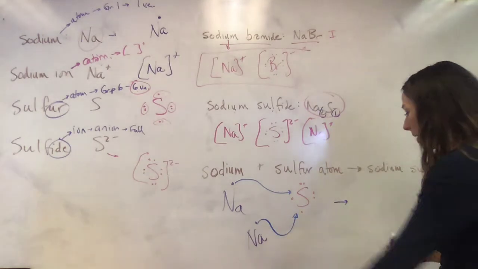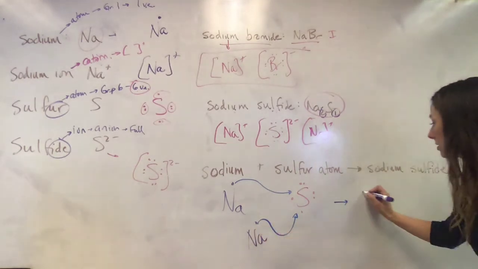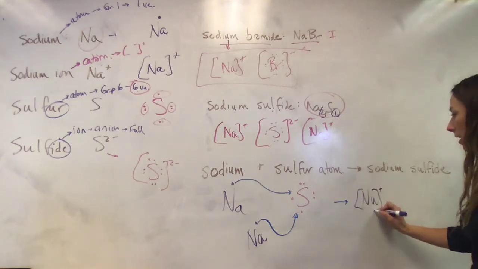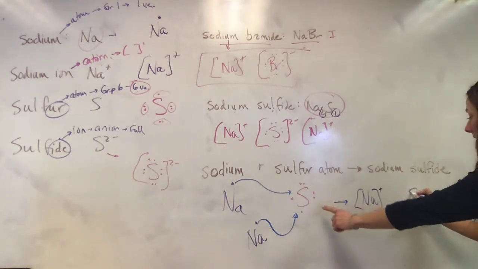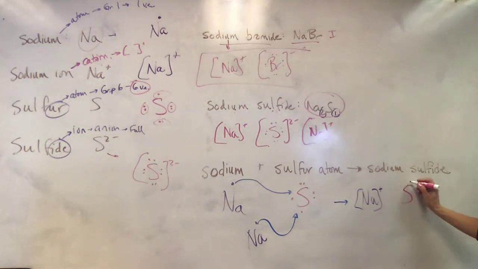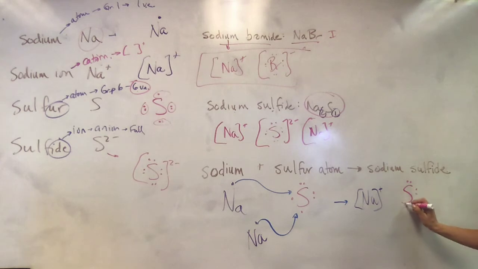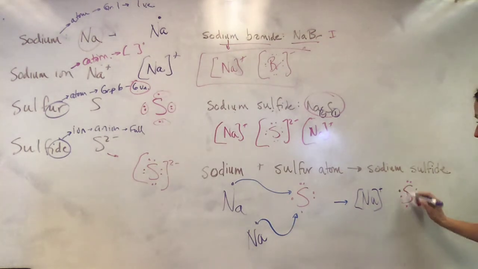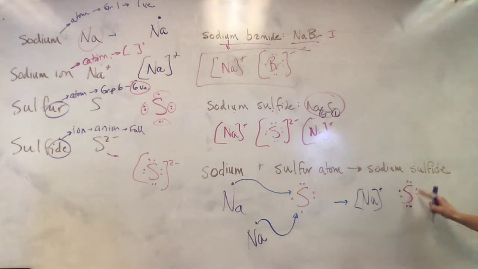And so what ends up happening is that sodium has lost its electron and it becomes Na+. That sulfur has gained electrons. Oops, I'll stick to the same colors here. So this sulfur has gained 1, 2, 3, 4. It was like this. It's just gained those purple electrons like there and there. Now it has 2, 4, 6, 8. It's quite happy. Square brackets, 2 minus charge.